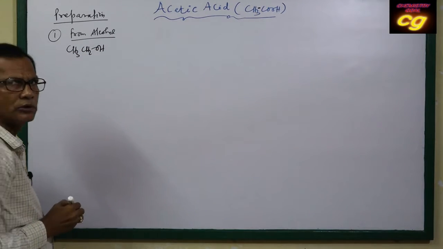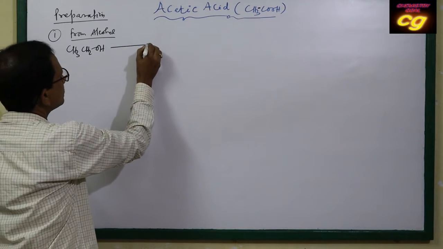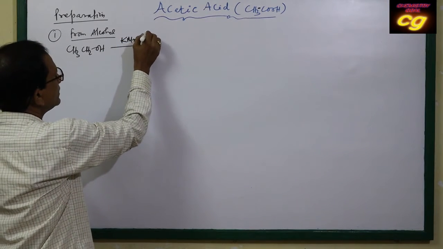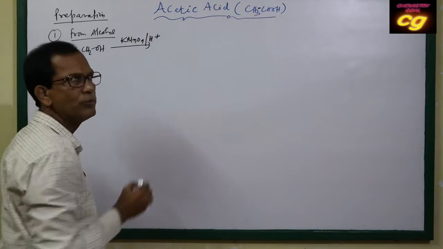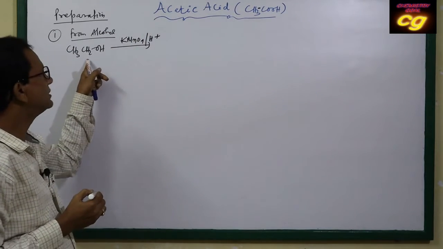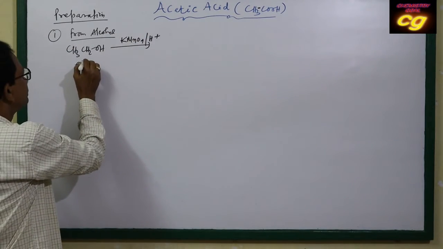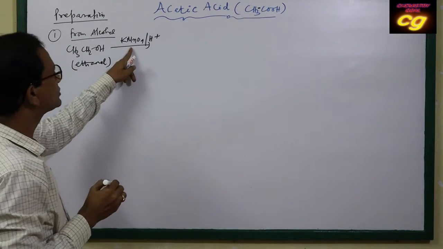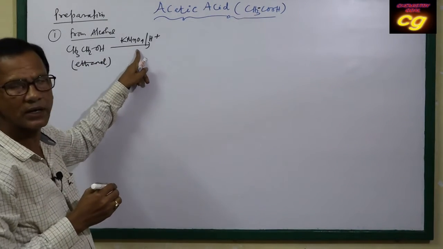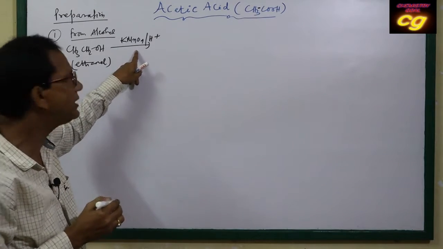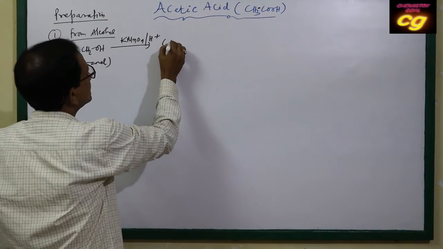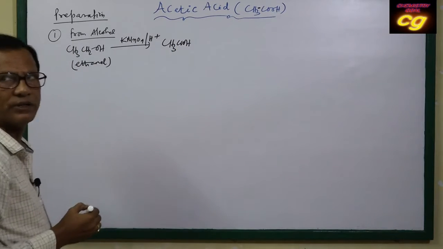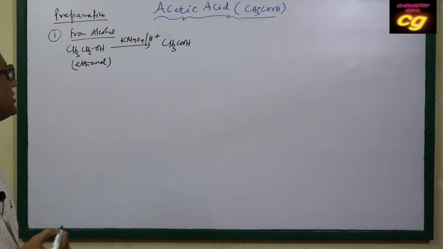When this alcohol is oxidized by potassium permanganate in acidic medium, you have to remember this, when ethanol is oxidized by acidified potassium permanganate, it converts to acetic acid. So this is one method of preparation of acetic acid.